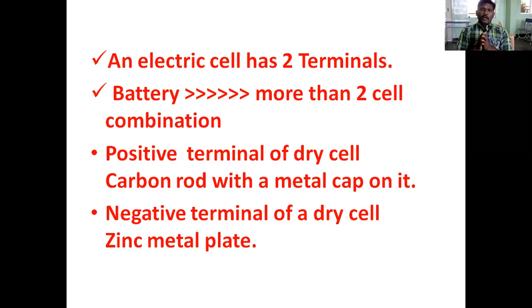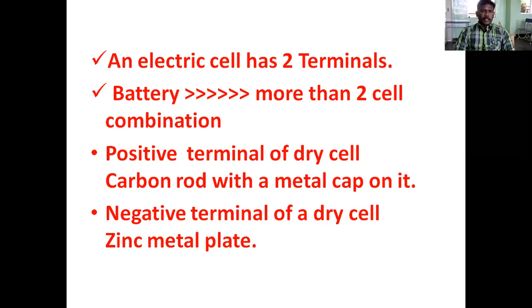I hope all of you have seen battery cells, because we use cells in a TV remote control, in some cameras, and in mobiles also. If you take any cell from the remote, it has an upper part with a metal cap. So the carbon rod with the metal cap acts as the positive terminal of the cell.